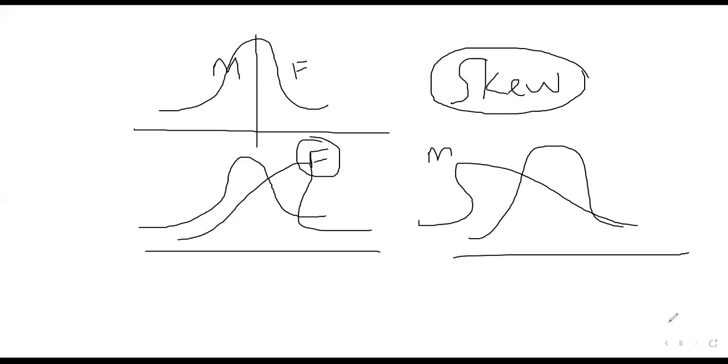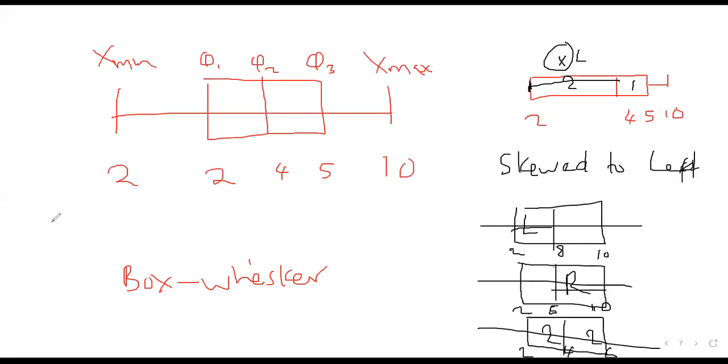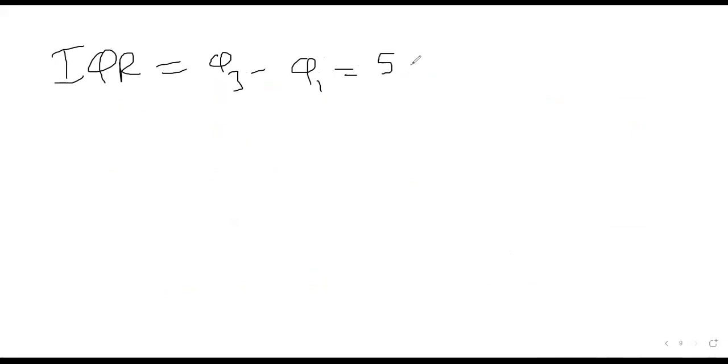All right, so now we go to what we call the interquartile range. Interquartile range is simply the difference between the upper quartile minus the lower quartile. So in this case, our upper quartile we calculated was what? 5. And the lower quartile calculated was 2.